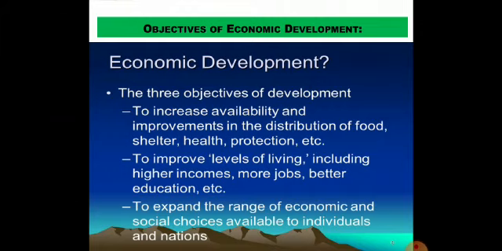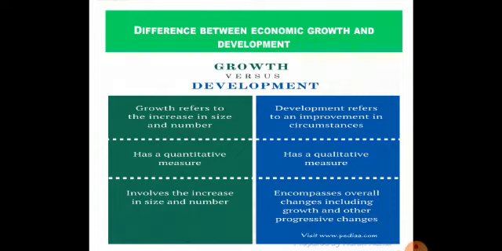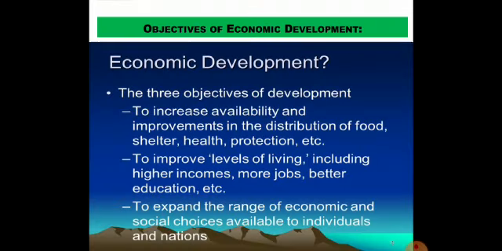To improve levels of living, including higher incomes, more jobs, better education for ensuring economic development in a country. To expand the range of economic and social choices available to individuals and nations. By fulfilling these three objectives, a country can ensure economic development.